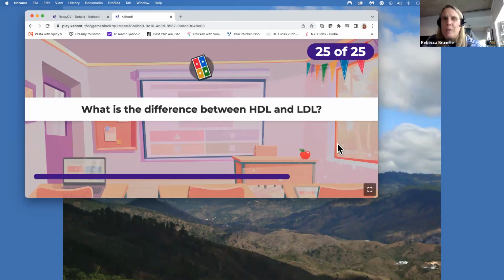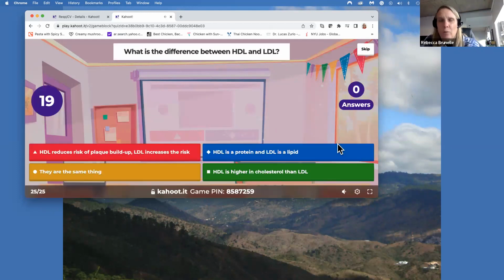So what is the difference between HDL and LDL? We're talking about cholesterol. HDL reduces the risk of plaque buildup. LDL increases the risk. They're the same thing. HDL is a protein, LDL is a lipid. HDL is higher in cholesterol than LDL.